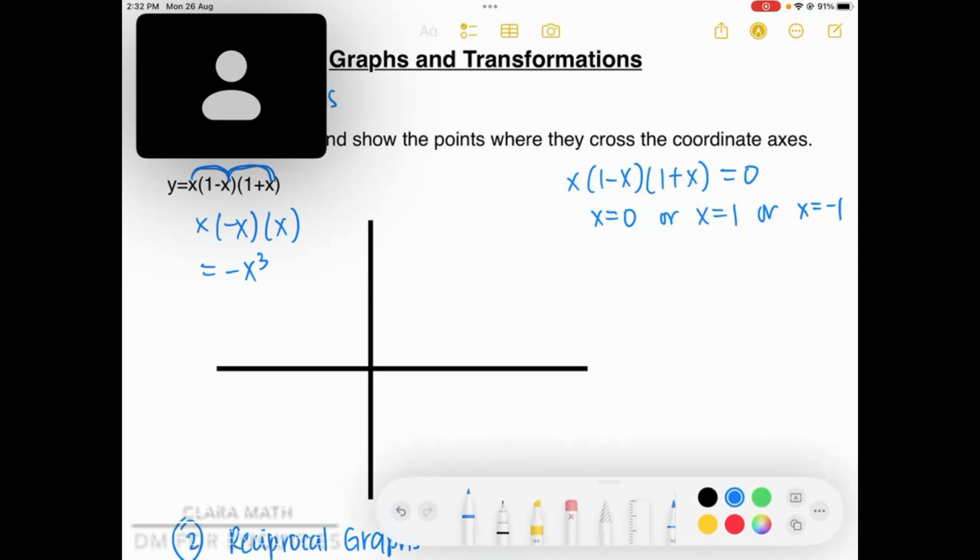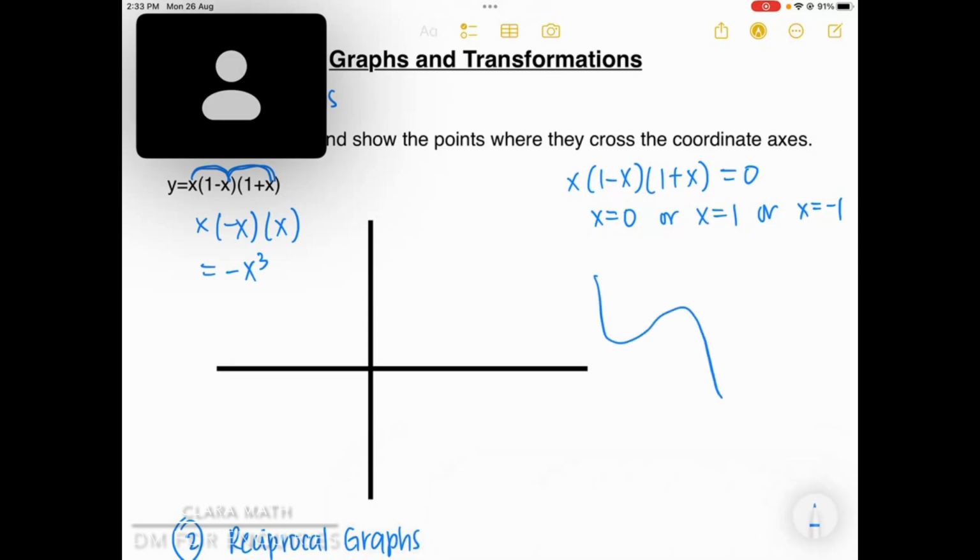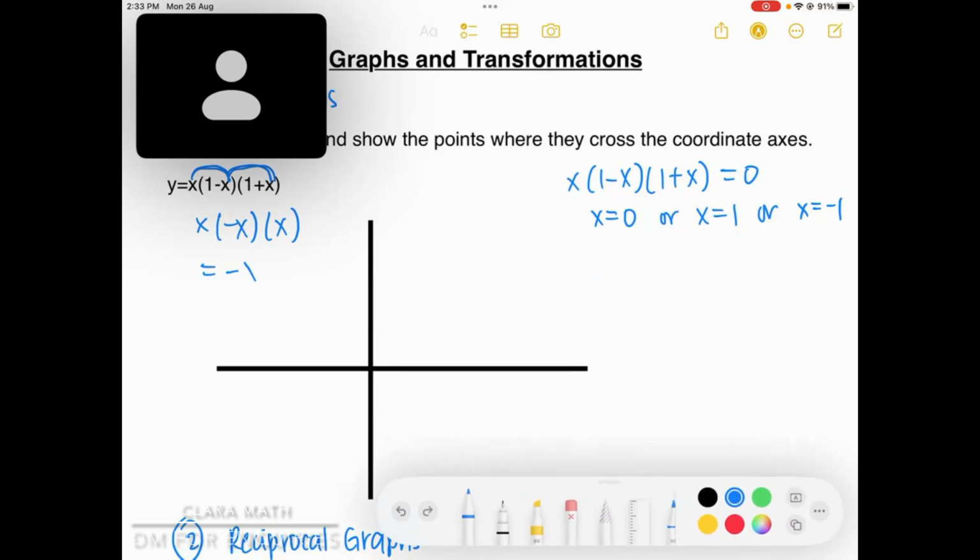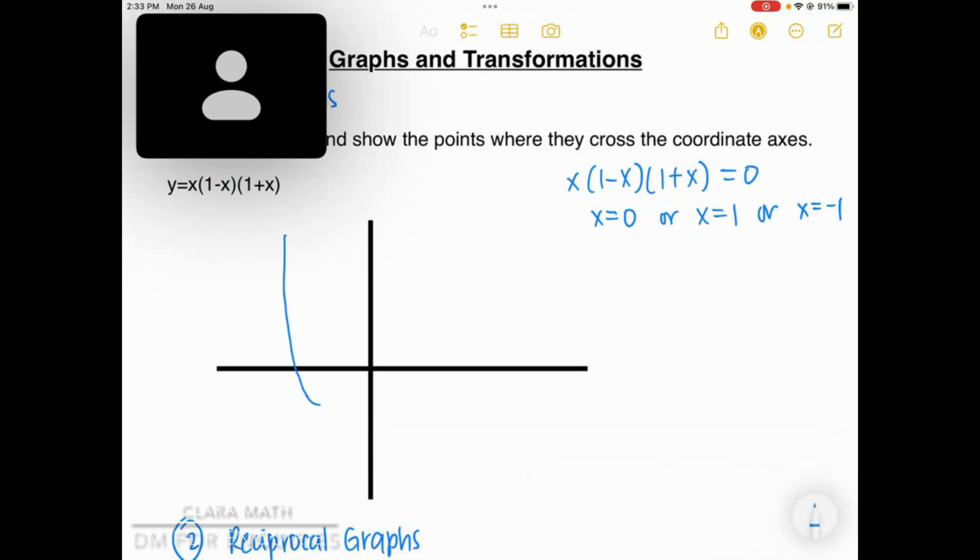That means it's a curve that is going downwards. So it's like that. Okay. So once you have determined that, we can draw. So let me try going down and up and down, like this: negative 1, 0, and 1.